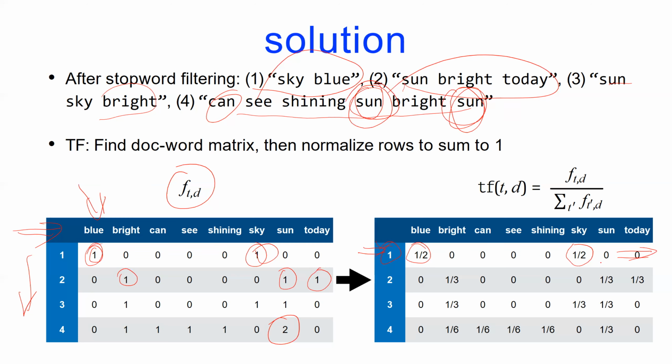The same for row 4: since this term appeared twice and everything else once, you have 6 total occurrences. So 1/6, 1/6, 1/6, 1/6, and this is 2/6. If you add them up, it gives you 1. I hope this is pretty straightforward for counting term frequency. Any questions for this part?